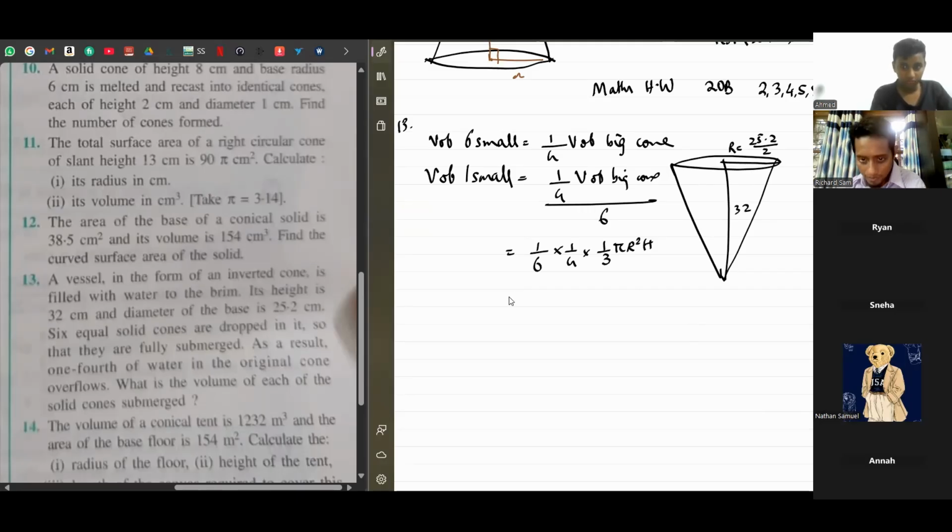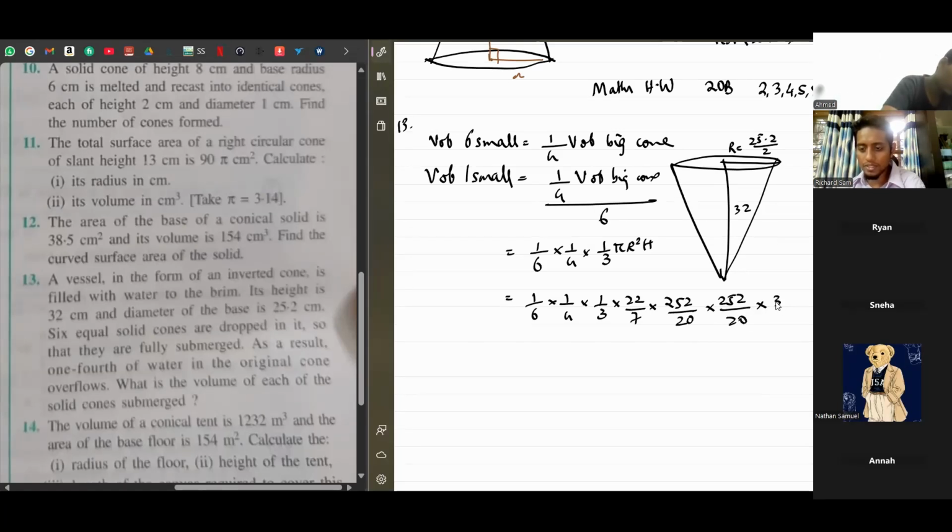So you can put these values in the formula. 1 upon 6 into 1 upon 4 into 1 upon 3 into 22 upon 7 into 252 upon 20, sorry, if you move the point one place forward, whole square. So again, 252 upon 20 into the height, which is 32. You solve this fraction, you'll get your answer. Write this much down and solve it and tell me what you're getting.